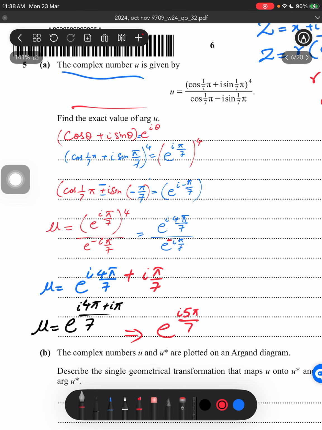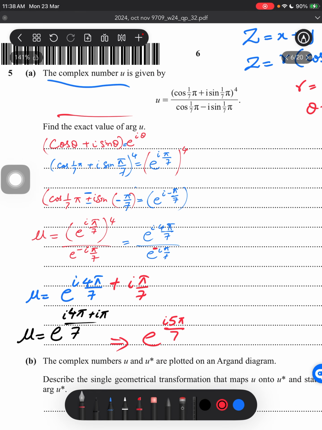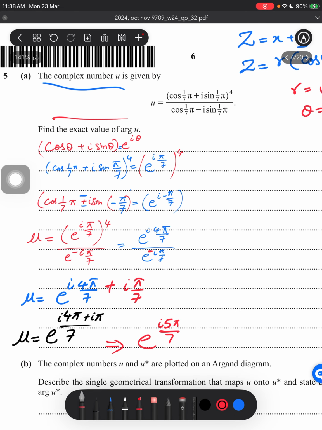Now when we take the argument, the iota cancels out, and the e also. So the argument of u would be simply 5 pi by 7.